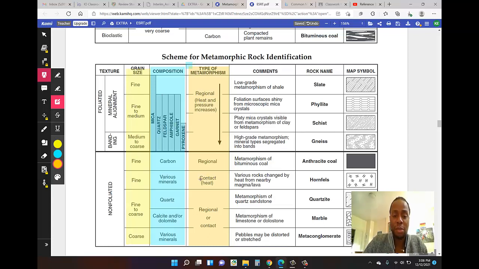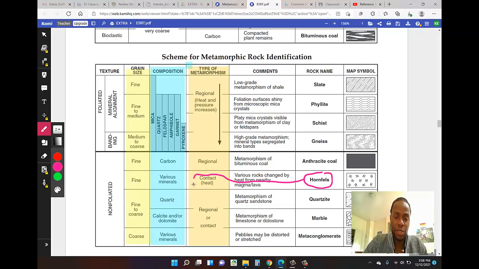Then you have contact metamorphism. By far, this is the only rock here that is produced by contact metamorphism. These other three here can be regional or contact metamorphism as well.